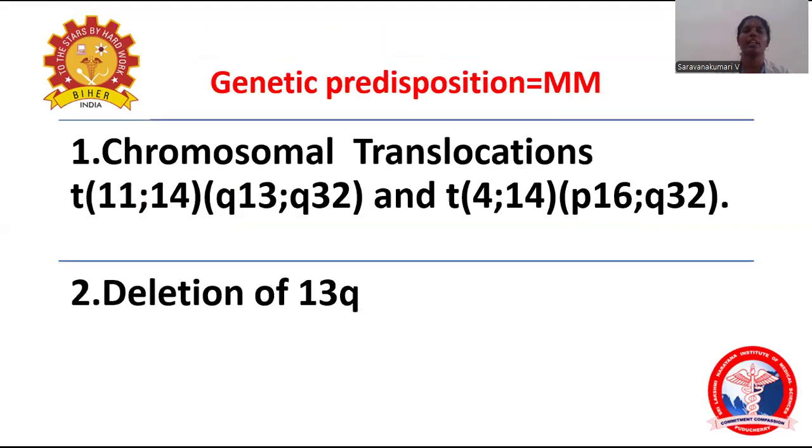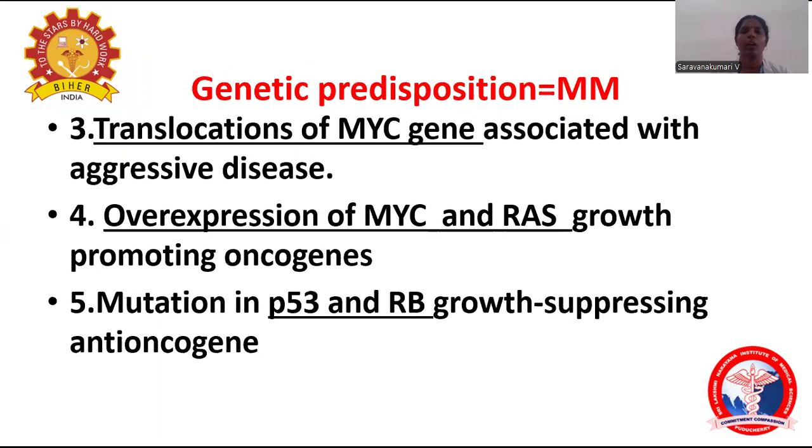Coming to the genetic predispositions, chromosomal translocations like translocation 11;14 and translocation 4;14 are associated with multiple myeloma. In addition, deletion of 13q, translocation of MYC genes, overexpression of MYC and RAS, which are growth-promoting oncogenes, and mutation of P53 and retinoblastoma genes are also responsible.